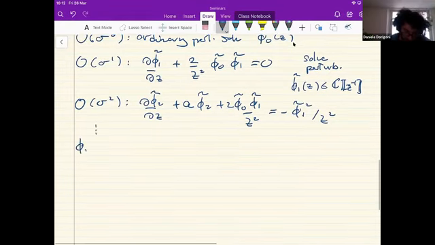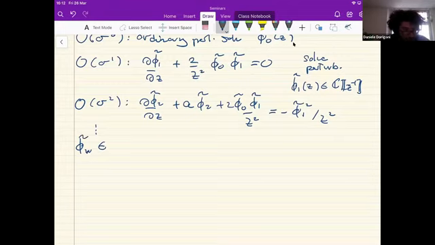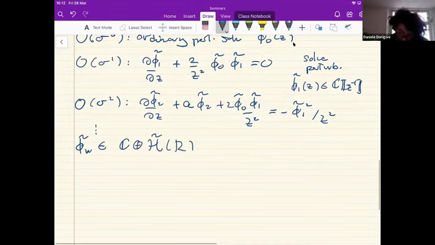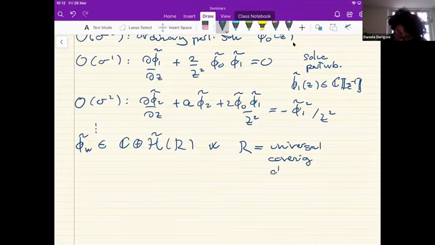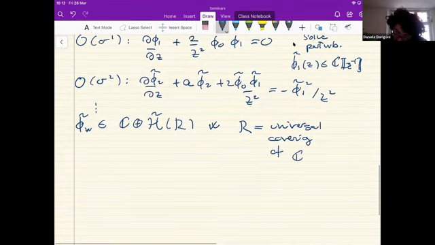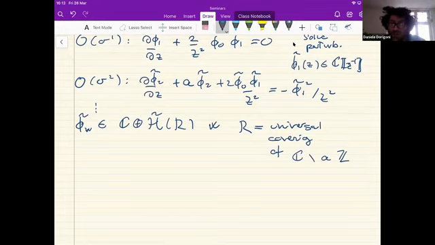So in this way, we will discover that this perturbative solution belongs to C plus this algebra of simple resurgent functions, where the Riemann surface is the universal covering of C minus A times Z. So we get all the singularities on this lattice, both at positive integers and at negative integers.